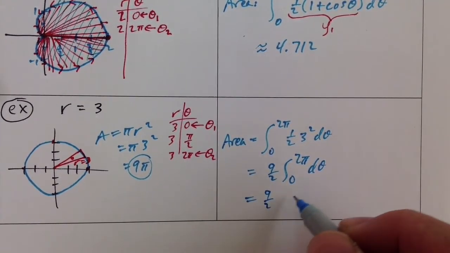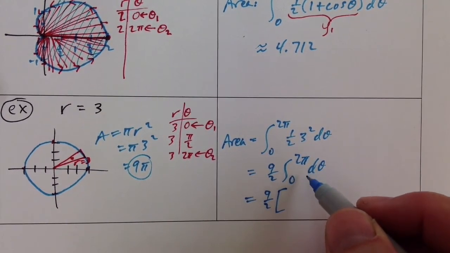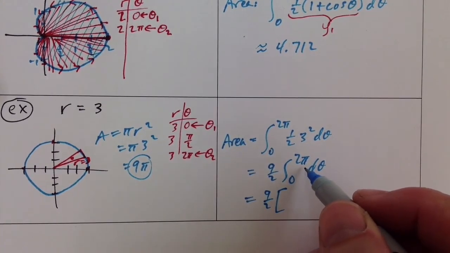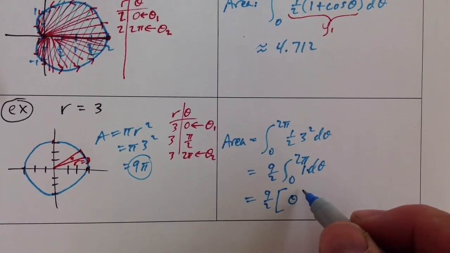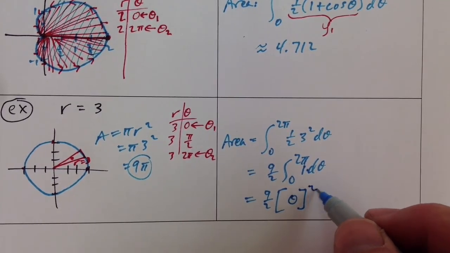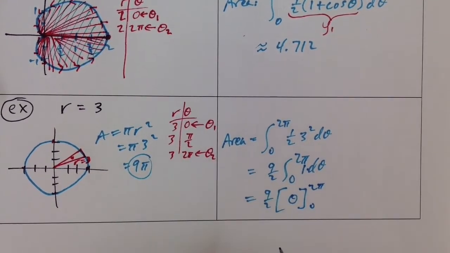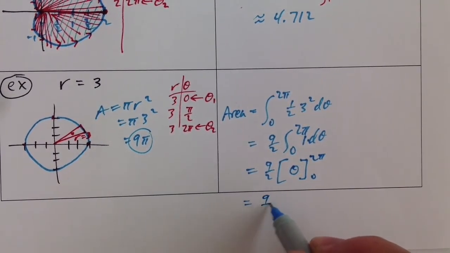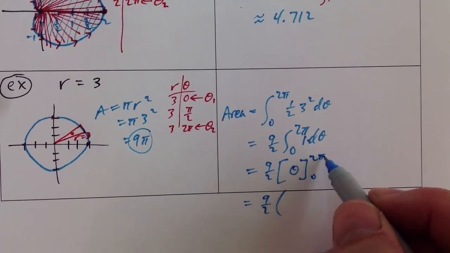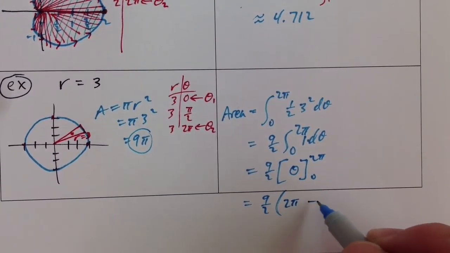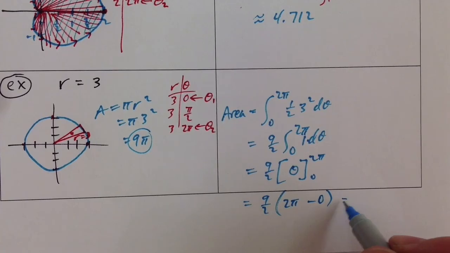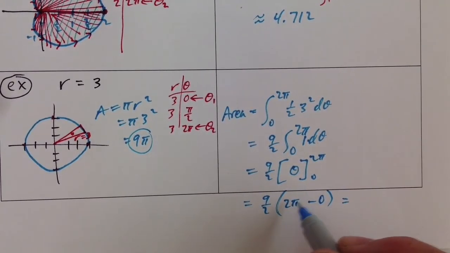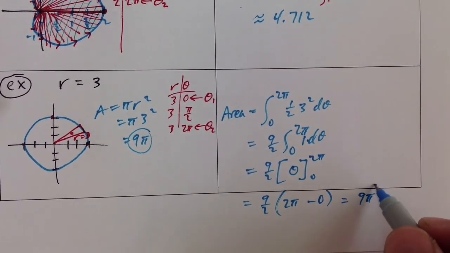So we go 9/2 times, and then what do we write here? What's the antiderivative of 1 d theta? Well, the antiderivative of 1 d theta is theta, from 0 to 2 pi. And so we have 9/2 times (2 pi minus 0). And so we see that 9/2 times 2 pi is 9 pi.